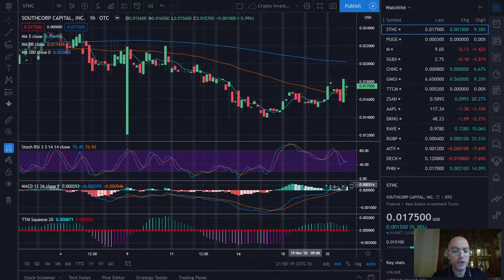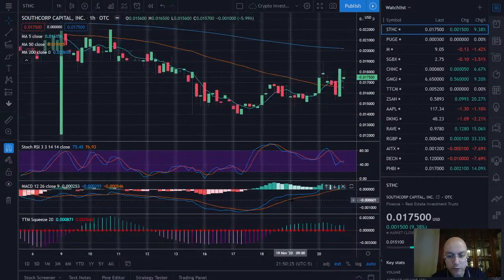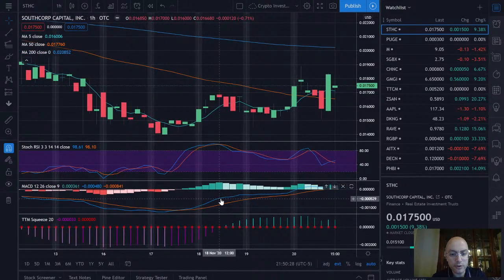Notice right here on the MACD, the MACD actually showed a bearish trend, and if you zoom in closely, you'll notice that it dipped a little bit. So it might appear that it's bullish, but it actually dipped just right here. So it is matching exactly with the stochastic RSI bearish trend.